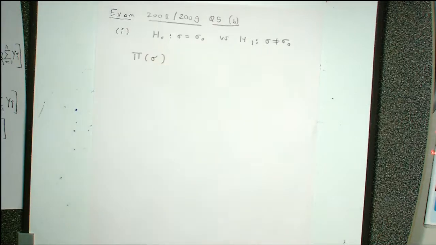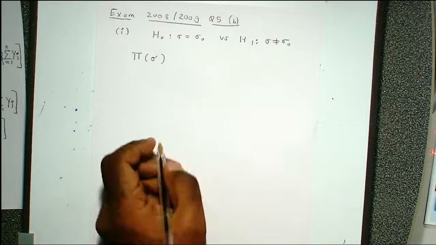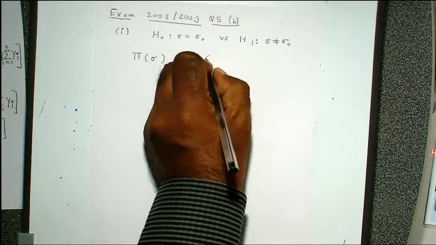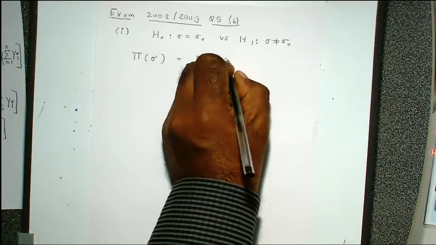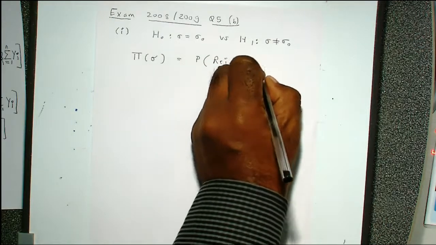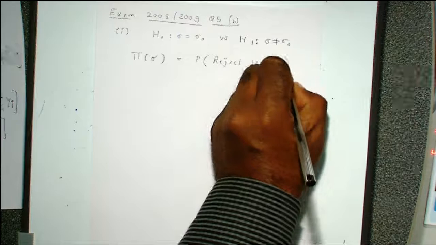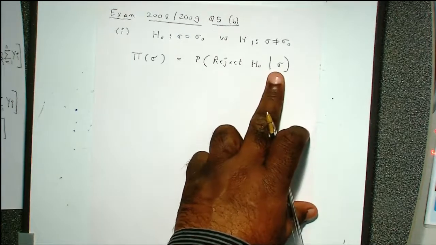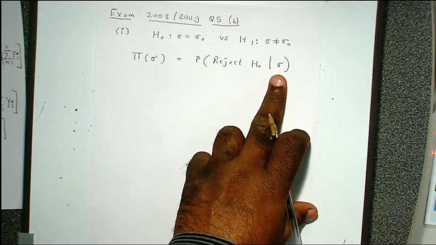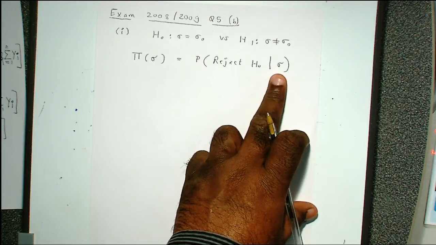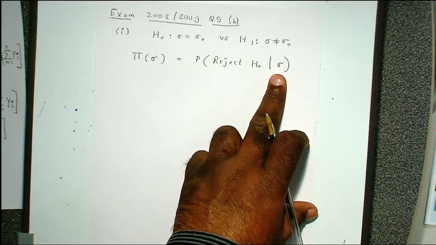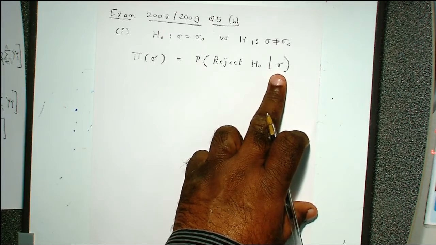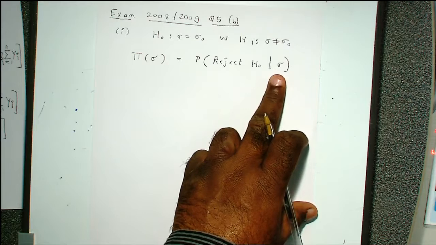Remember, the definition of the power function is the probability that you reject the null hypothesis when the value that you're given is sigma. So it's very, very important that this sigma is arbitrary, right? It doesn't take any specific value. Sigma is not a fixed number. It can take any value, right?